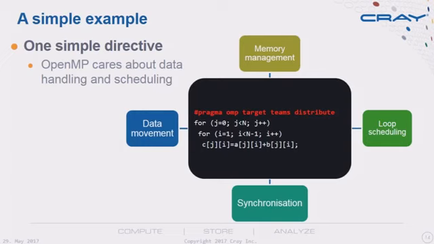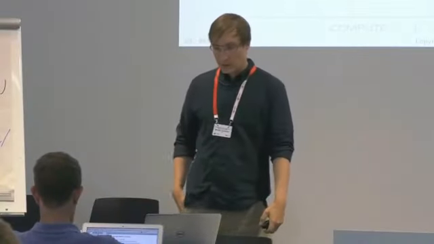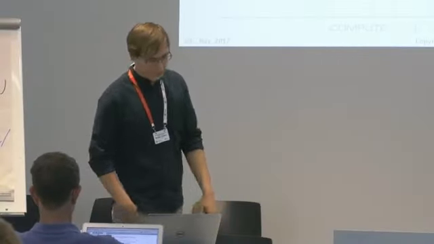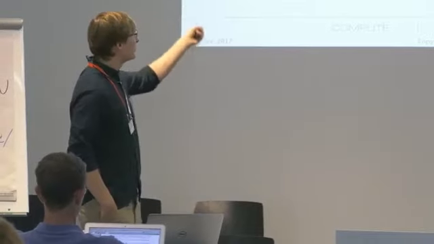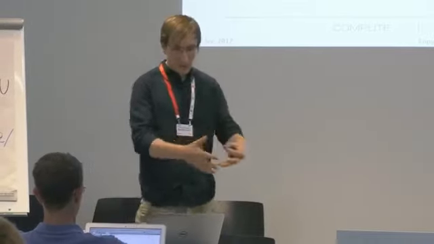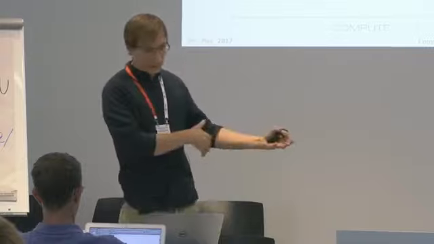It also takes care of the loop scheduling, so how the loops should be divided into thread blocks and threads within thread blocks and so on. And the compiler also takes care of synchronization, so that at the end of these loops, all threads are synchronized and the memory is handled well. And yeah, data movement and memory management is to allocate it on the GPU, and data movement is to copy.